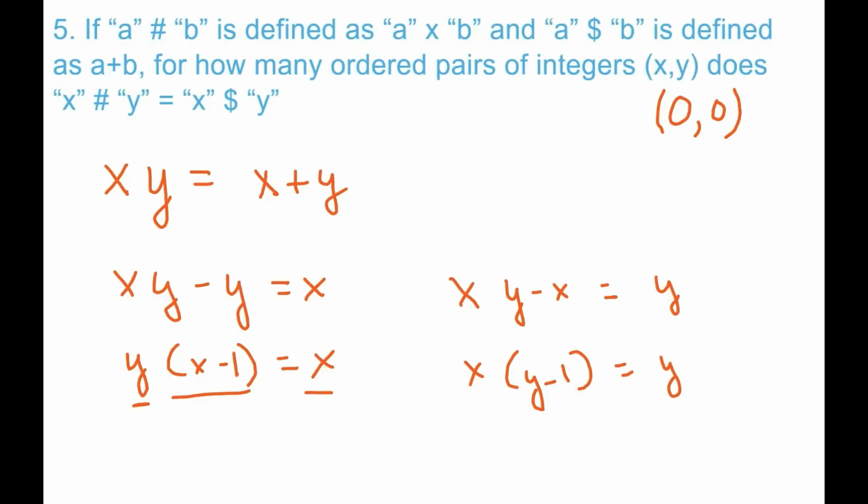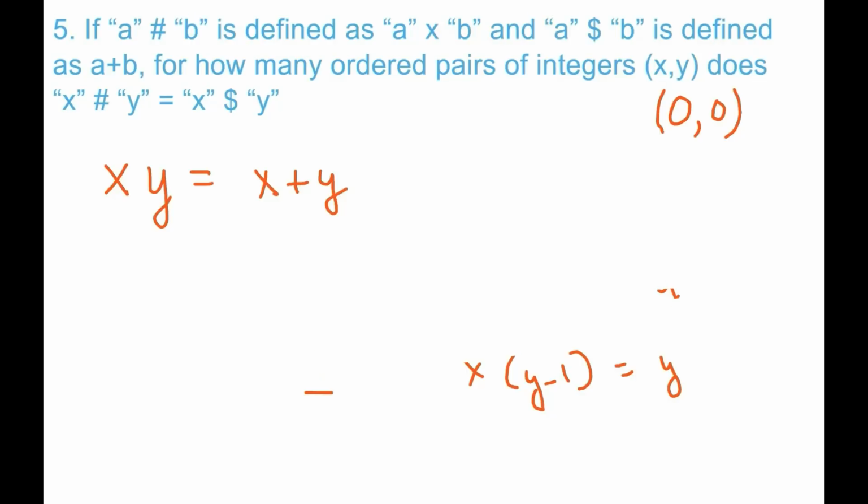Applying the same logic as before, we know that x is a factor of y. Now, if x is a factor of y and y is a factor of x, that is only possible if both x and y are equal to each other. So now we have another piece of important information, namely that x is equal to y.